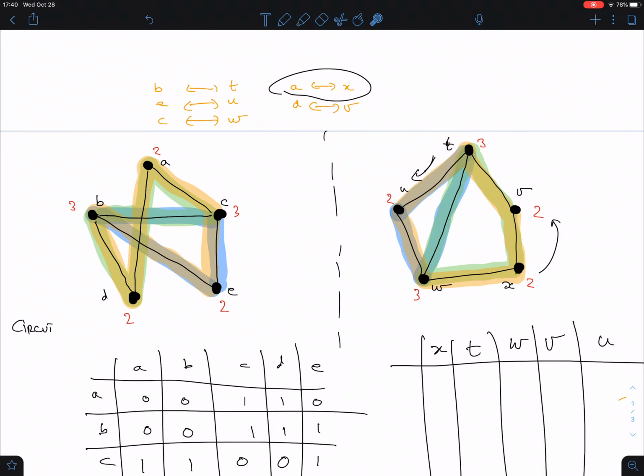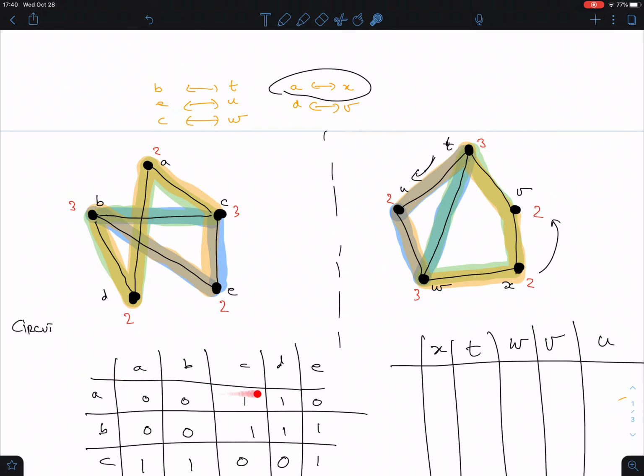I think I had it right, and this meant therefore that B corresponds to T, E to U, C to W, A to X, D to V. Meaning that if you walk the path this way, this would be this way, and at the same time you walk the path this way, you get corresponding points. Now this gives you this correspondence.